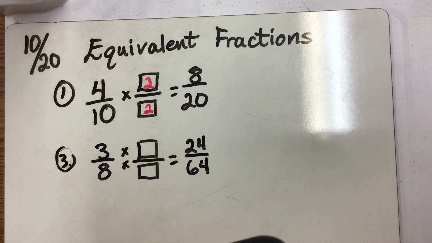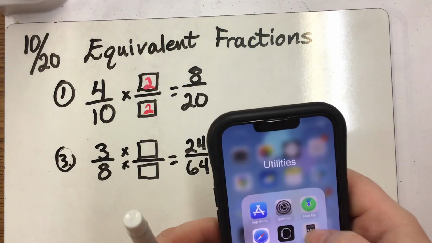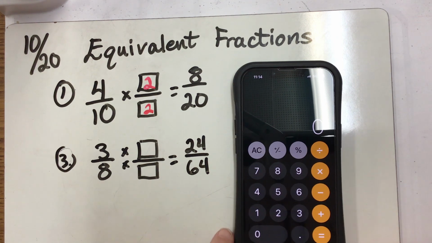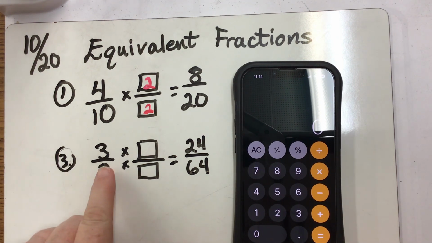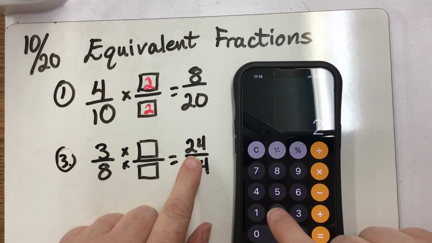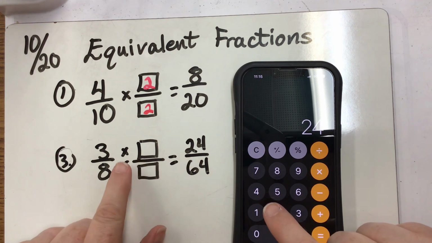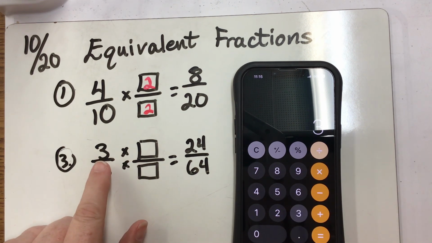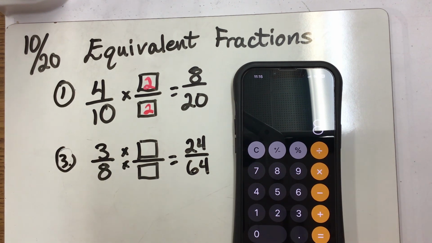then I can pull out my handy dandy calculator. So here's my calculator. Now I want to know what's going to turn a 3 into a 24? So I'm just going to work backwards. 24, opposite of multiplication is division. 24 divided by 3 equals 8.